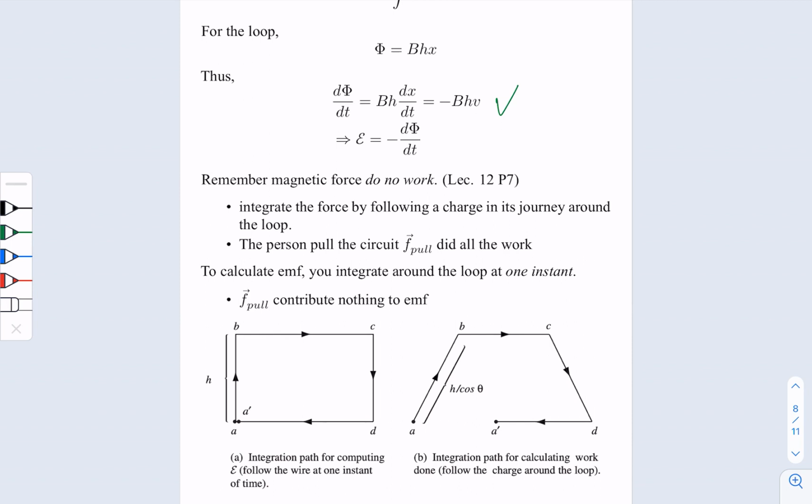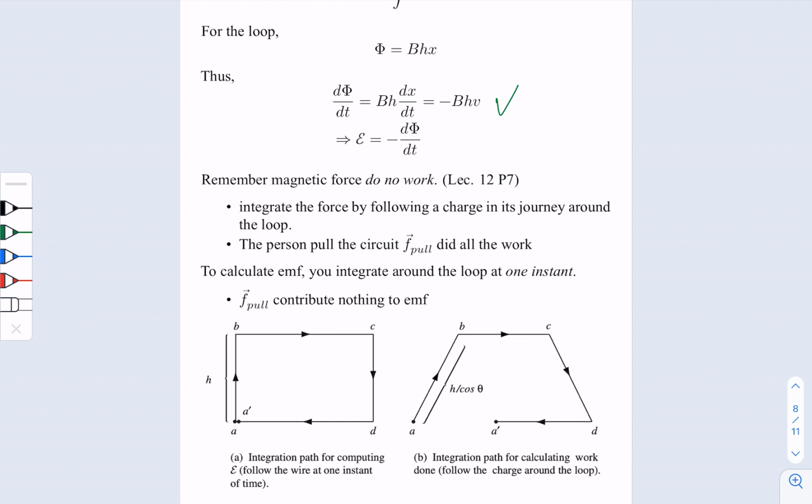In this process, if you calculate the force on a charge along this loop, the integration is over a slightly changed shape, and the charge is not returning to its original place. If you perform an integration of the magnetic force over this path, the magnetic force actually didn't do any work, and it's the force that you are pulling with that did all this work.